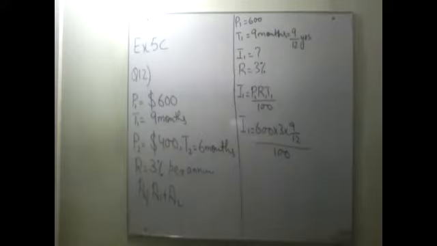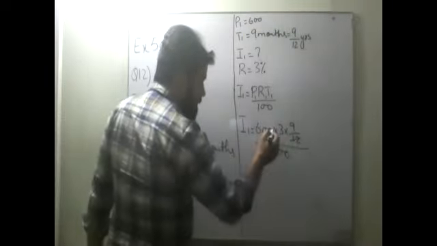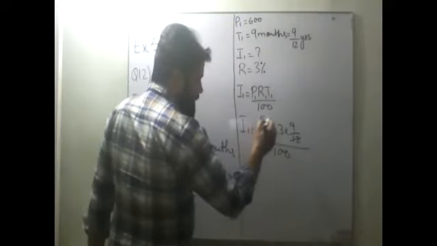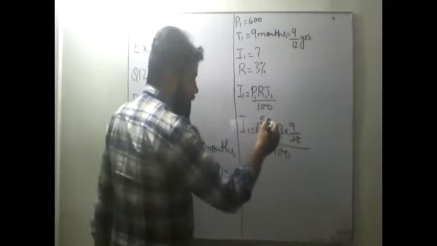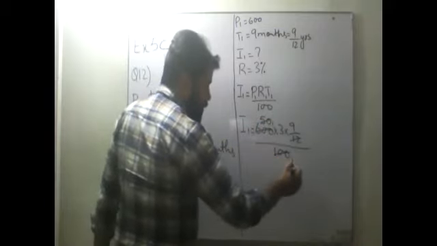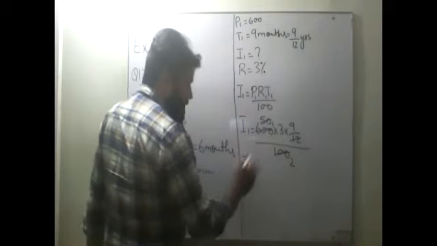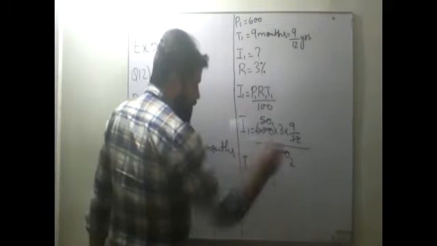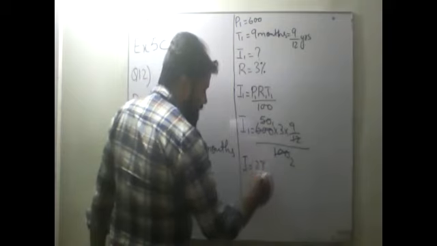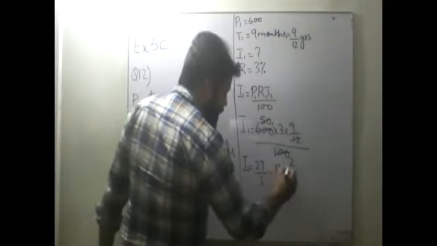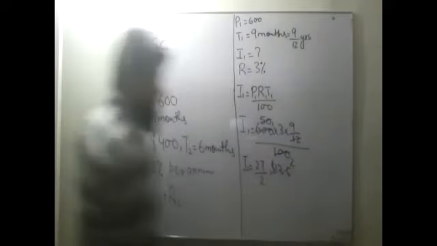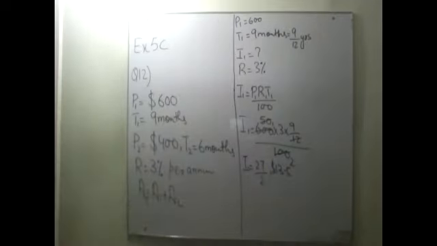Now when I divide these two, 12 and this will be divided, this will become 50. 50 into 1, 50 into 2. So I1 will be equal to 3 9s are 27 over 2, which means $13.5 will be the interest.